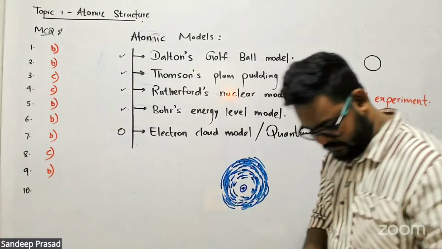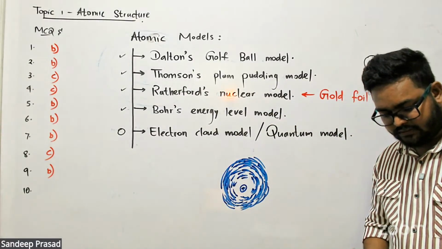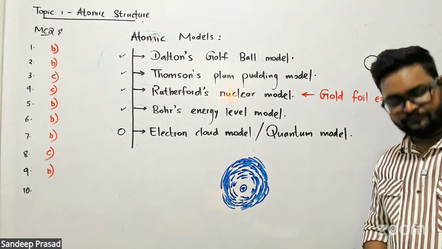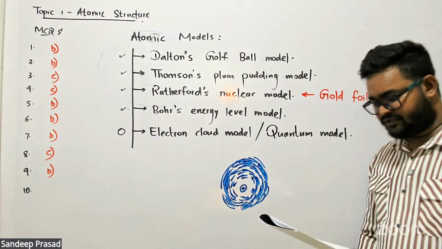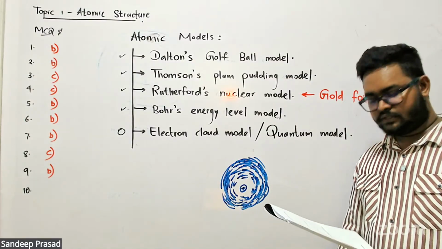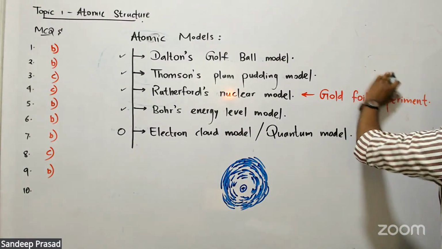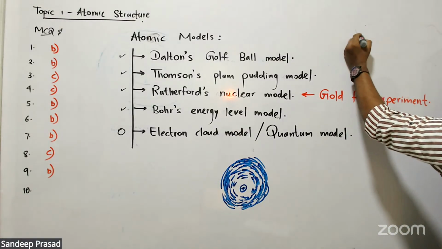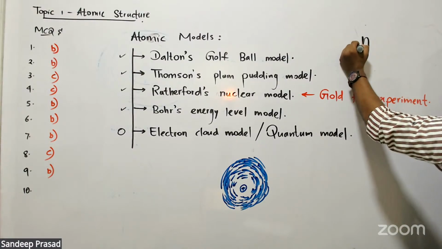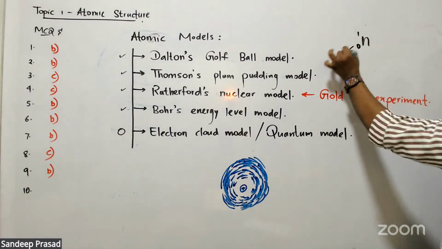Right. Number 10. Which statement about neutrons is correct? They have no charge. Yes, that is the first answer. I told you that for the neutron, again I'm drawing it: N, 0, 1. This is the symbol.